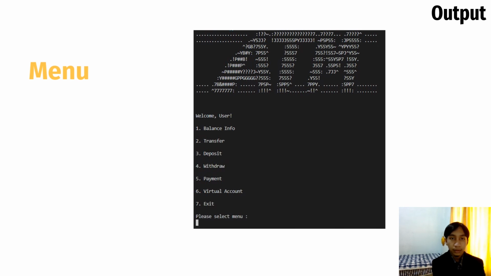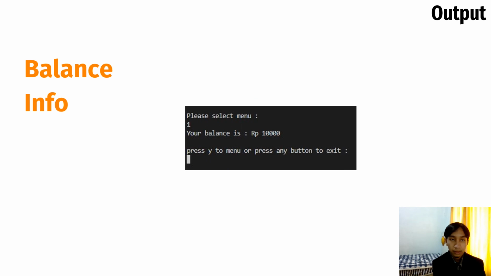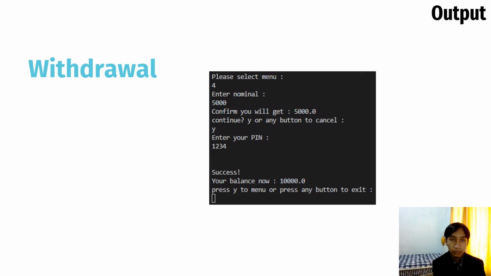As we see in the first picture, it is the menu display, which displays the title and options and asks for input to enter a selection. And second, there is balance info, which displays balance information. Then withdraw, to withdraw a certain amount of money and enter a PIN to take it, and a notification will appear if successful.